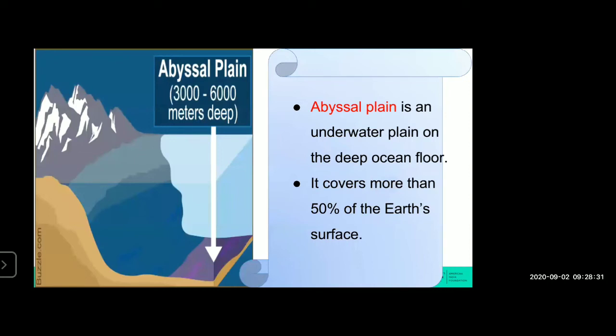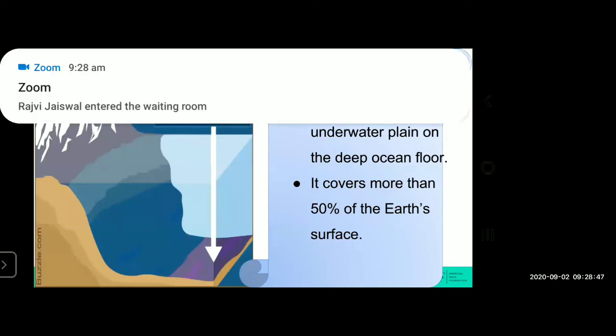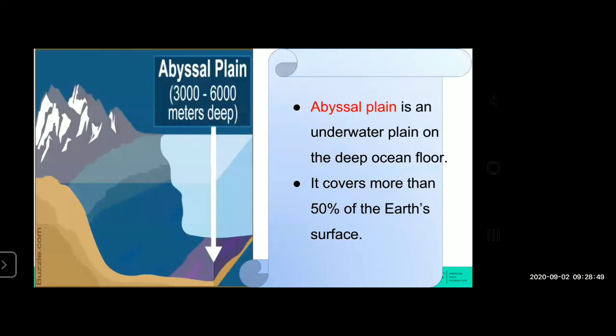After the continental slope lie the abyssal plains, which are the flat part of the seabed. They are considered to be major reservoirs for biodiversity. Remember, students, that is, a variety of plant life, animal life, fungi and microorganisms can be found over here.